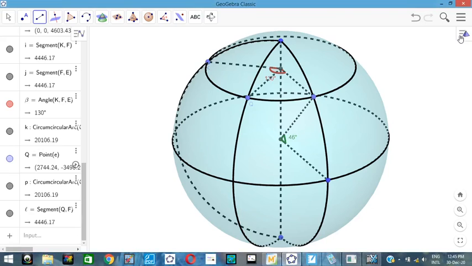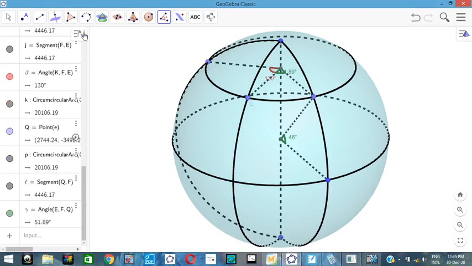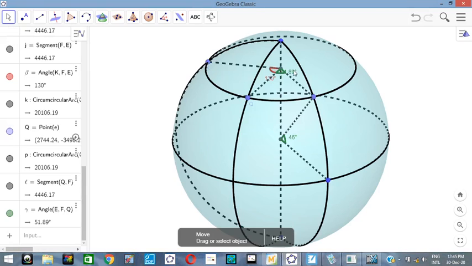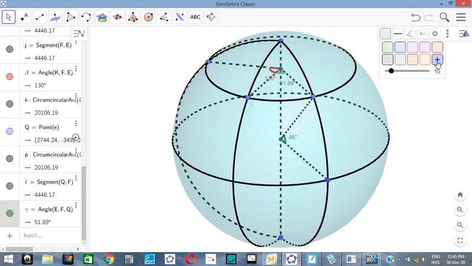So let me put the angle. I need the angle from this center to this place. So that is this value I have here. Let me change this color. Let me use another color.